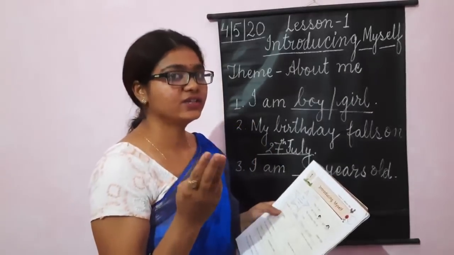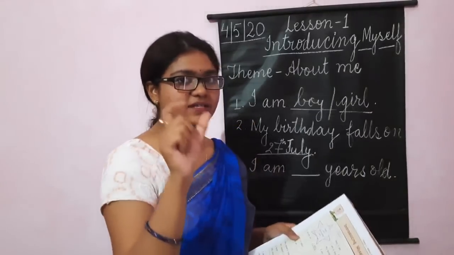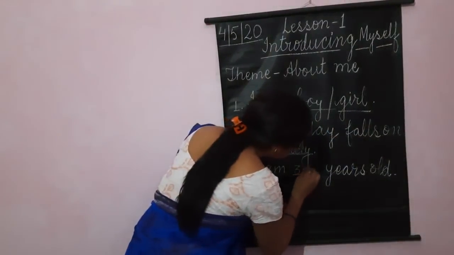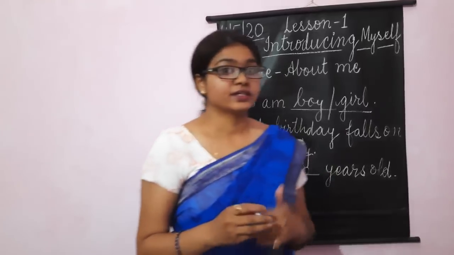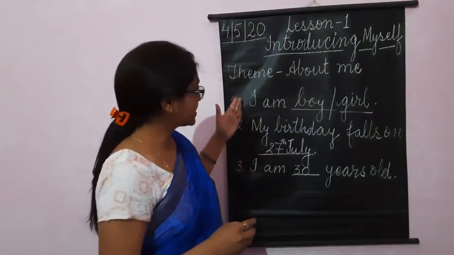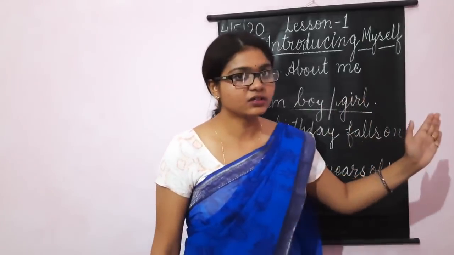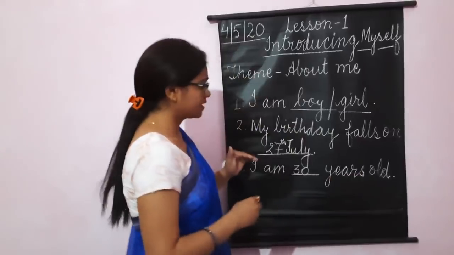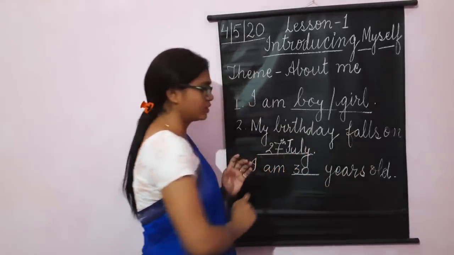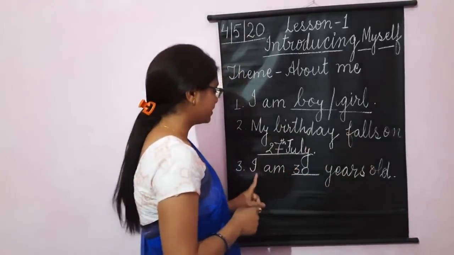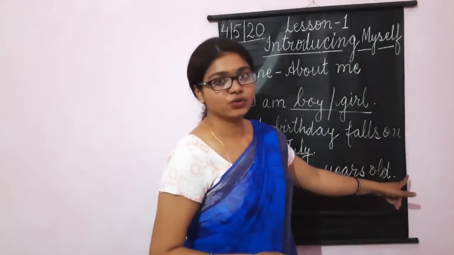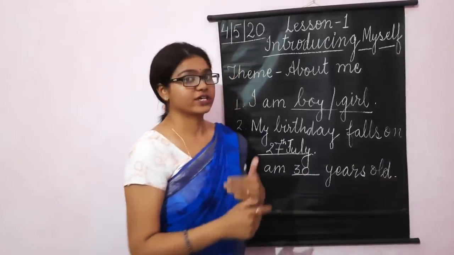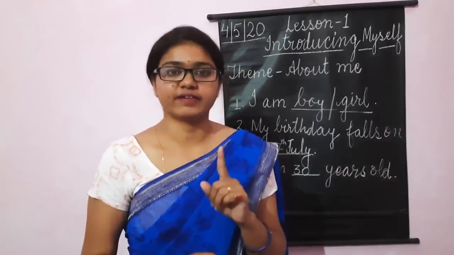I am 30 years old. Now, first line, I am a boy or a girl. If you are a boy, you will write down boy. If you are a girl, you will write down girl. The second line, my birthday falls on your birthday date, and I am dash years old. If you are 6 years old, you will write 6. If you are 7 years old, you will write 7. Okay.